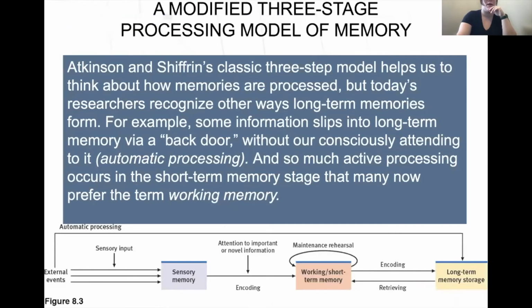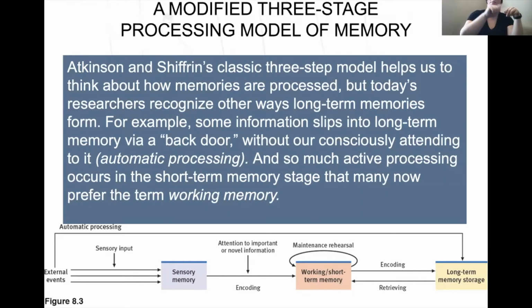So this is a modified version of that three-stage model we just went through, the modified Atkinson-Shiffrin model. And it also takes into account automatic processing. Researchers have found that some memories do not have to go through sensory memory and short-term memory into long-term memory.